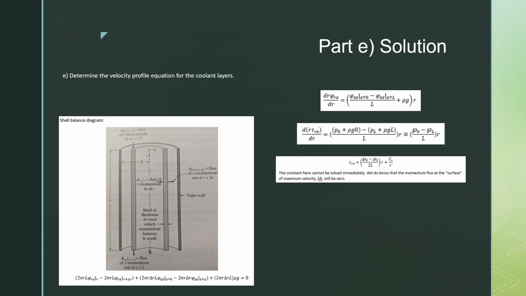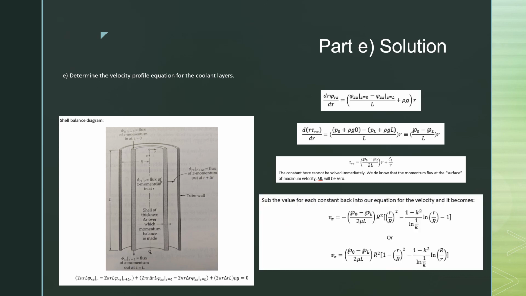So using that knowledge, they'll be able to set up the equation properly, perform further integrations, resub values in to solve for the constants, all pretty standard. And then ultimately they will end up with their final velocity distribution, which looks a little bit complicated, which will lead us into part F, which is plotting this.